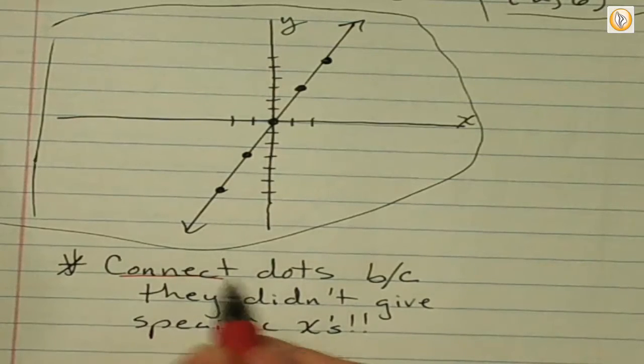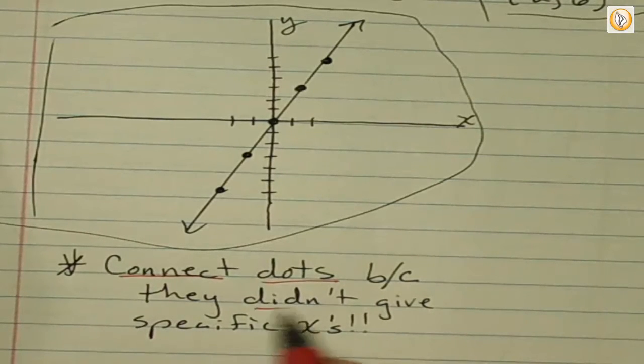So you're going to connect dots because they didn't give specific x's.